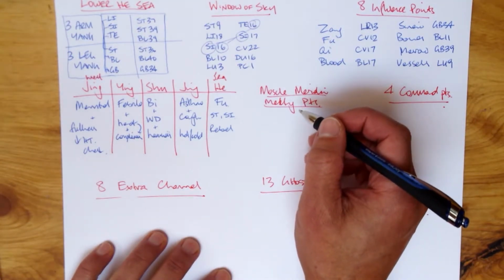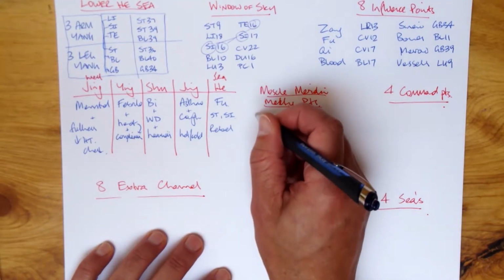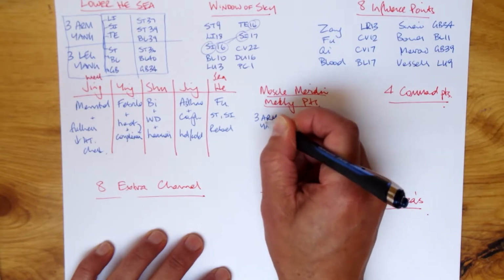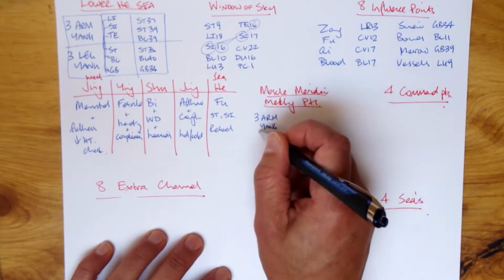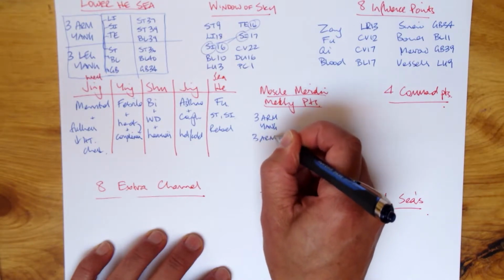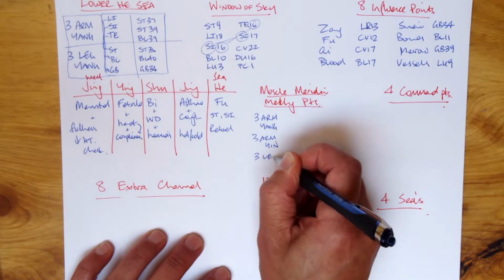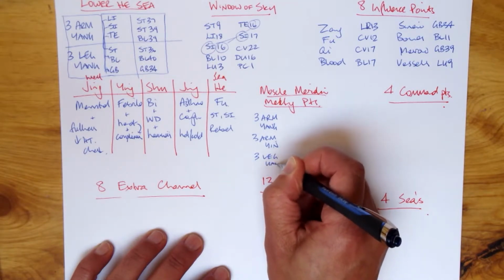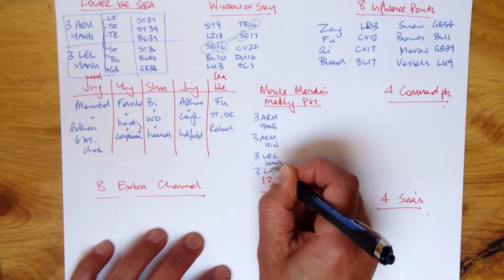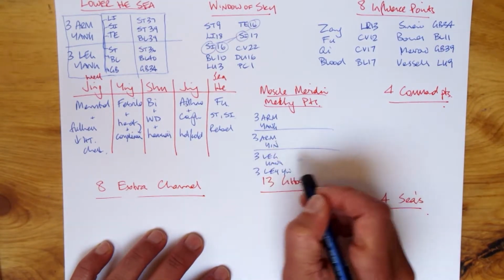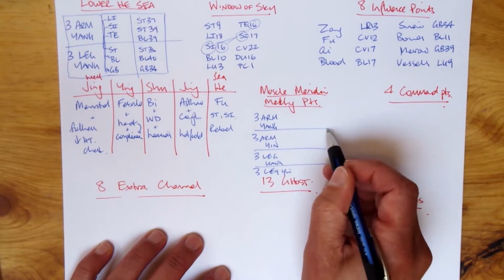Muscle meridian meeting points, it's important that you get this: three arm yang. So we do the arm with the upper body first, and then we do the three arm yin, and then we do the three leg yang and three leg yin. I haven't spread this out particularly well, but let's do it anyway.